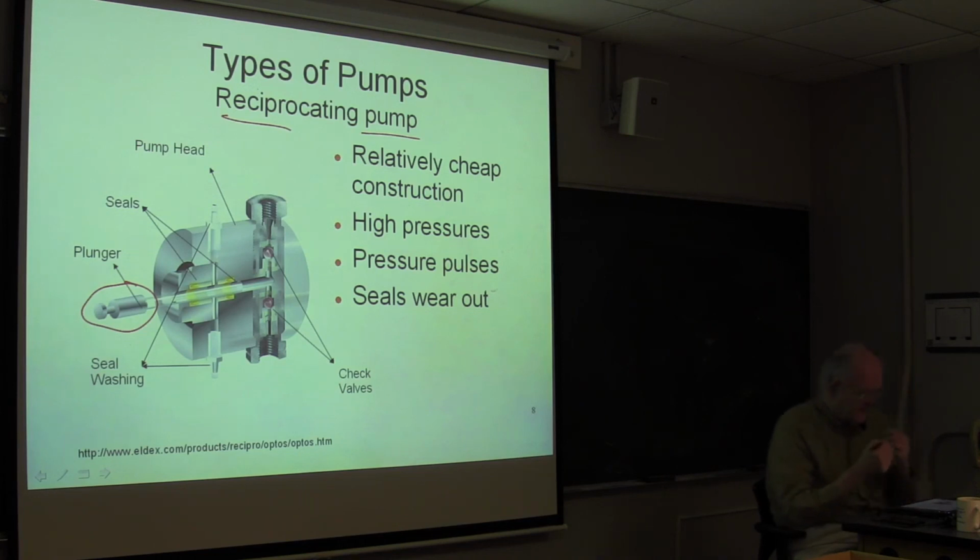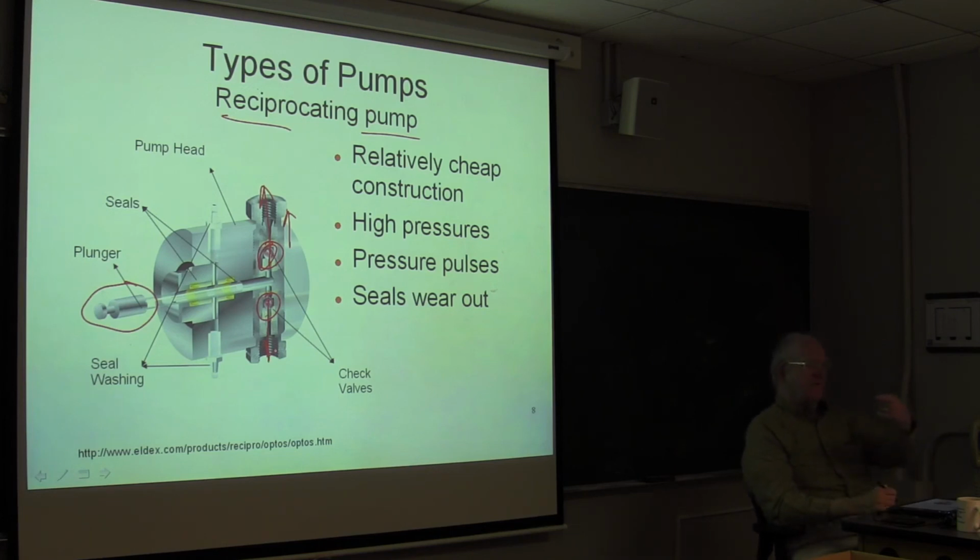And what makes this thing work are these 2 check valves. If you know any electronics, a diode only allows current to flow in one direction. A check valve is a fluid diode. It only allows the fluid to go in one direction. These 2 check valves are working in opposition, so that when the piston is moving in, displacing solvent from the interior of the pump, this upward check valve is open and the fluid goes that way, whereas this check valve is closed, not allowing the fluid to go that way.